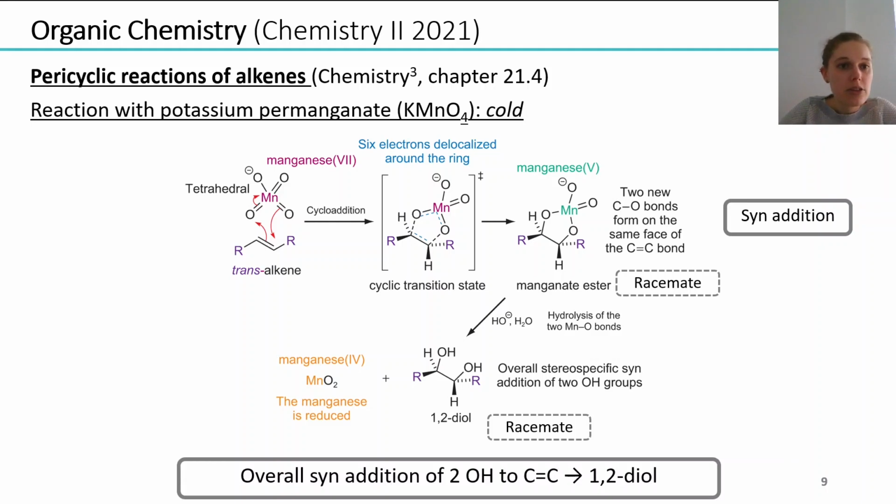So the pericyclic reaction of alkenes with potassium permanganate in a cold reaction medium can therefore be used to produce 1,2-diols with the syn addition.